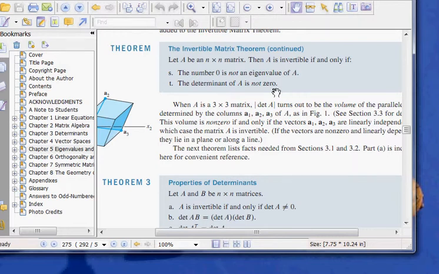The number 0 is not an eigenvalue of A, which is correct, because in the last video, Theorem 1 says that the eigenvalues of a triangular matrix are the entries on its main diagonal. So the number 0 is not an eigenvalue of A. It means that 0 is not a number along the diagonal of the matrix, which is what makes it invertible.